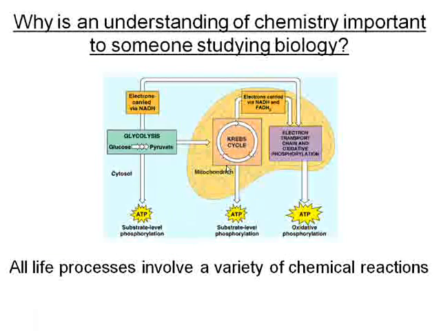This next picture is a summary of cellular respiration. Cellular respiration is the process where glucose is broken down to release energy, and energy in the form of ATP is harvested. Photosynthesis is exclusive to autotrophs, whereas cellular respiration occurs in all living things. And again, the idea is that there are many chemical reactions that occur that maintain life.